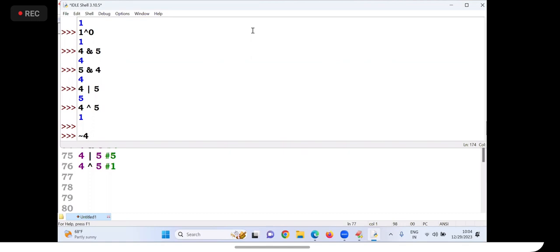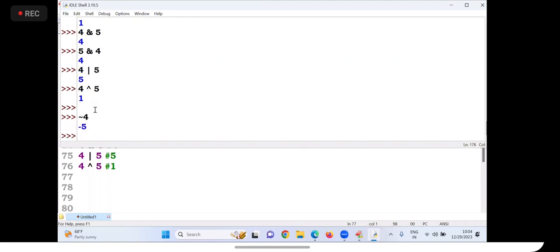Any answers? -5. And then what is the output? Negation of 4. 3. -5, -5, -5. All these people are executed. They are telling the answers. I know, the output is -5.